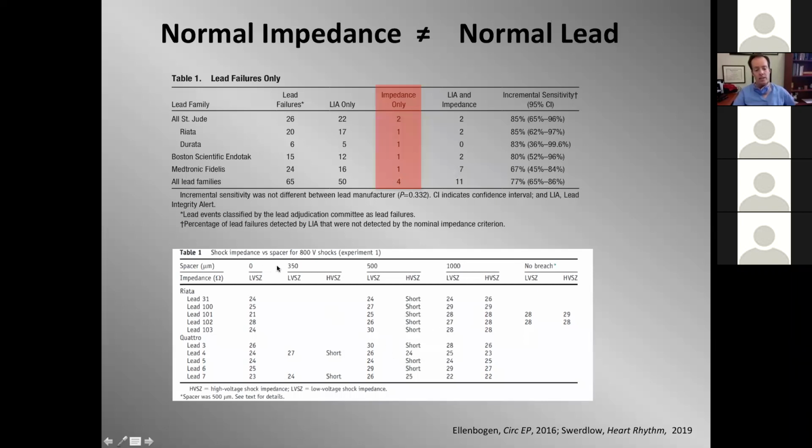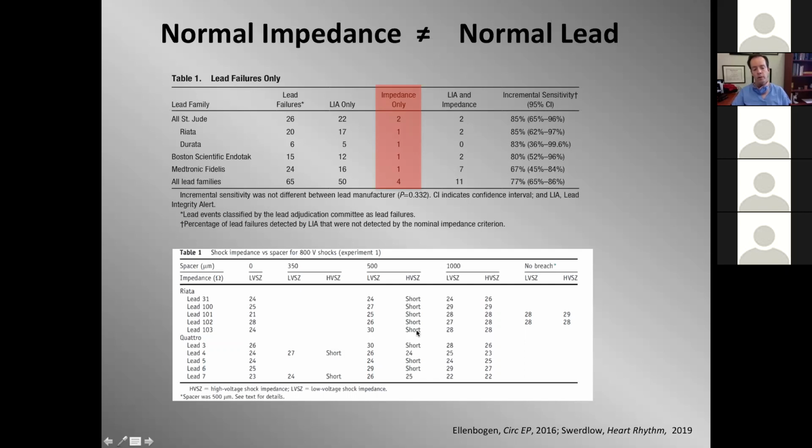They spaced a through and through high voltage insulation breach next to the can, 0, 350, 500, and 1,000 micrometers apart. They did a low voltage check, and at 500 micrometers, for instance, even if they have a through and through breach, you still get normal shock impedance. But when you deliver that 800 volt shock or a defibrillation type of shock, that plasma streamer is able to form and you blow a hole.